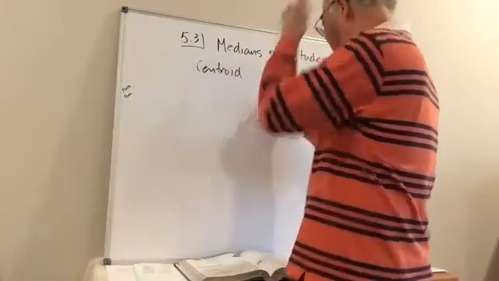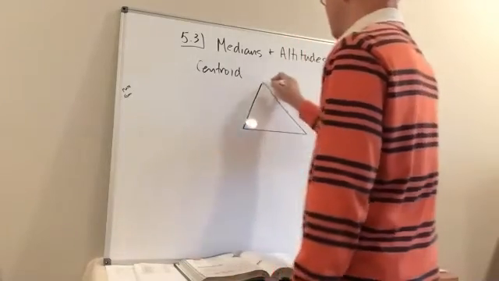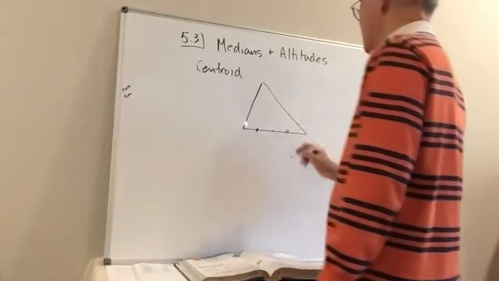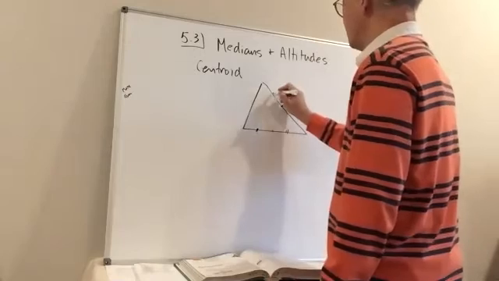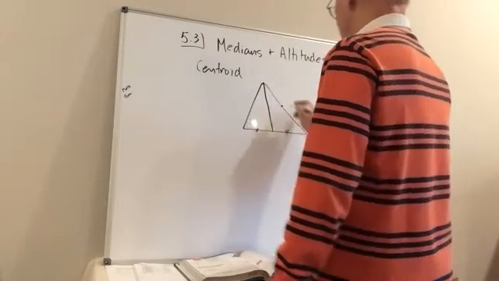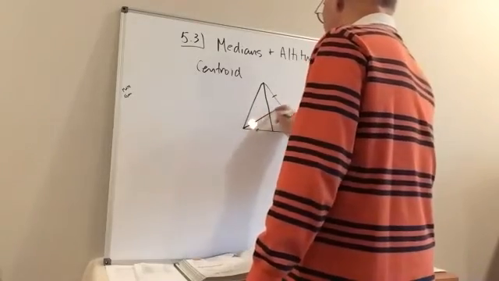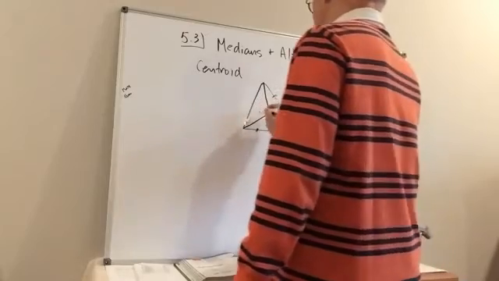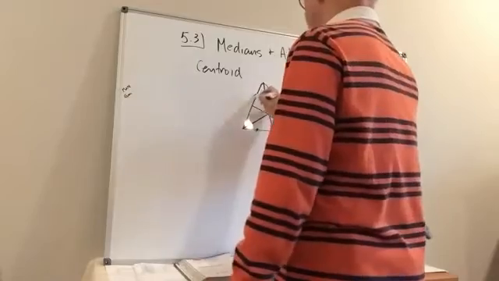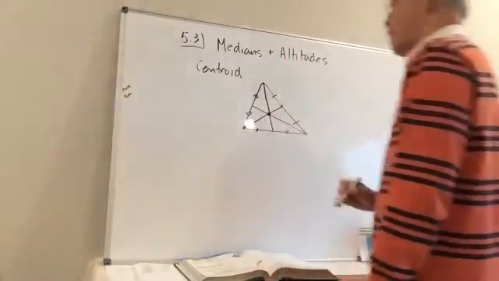The way we find the centroid in the triangle is we take the midpoint here, so this and this are the same, and connect it with the angle over here. We take the midpoint here where it bisects this, and go like that, and we take the midpoint here where this guy and this guy are the same, and you have a point here where they connect.